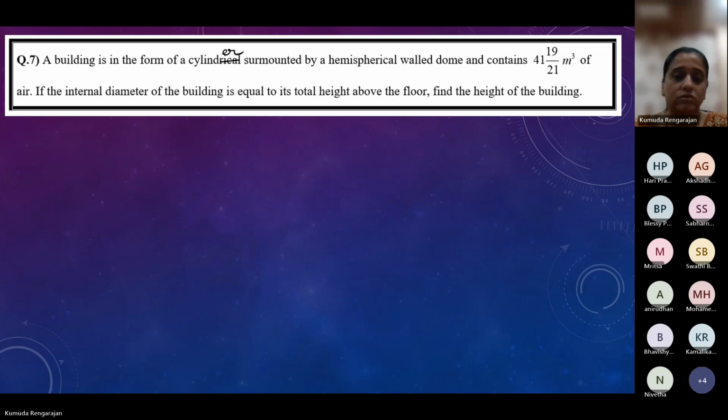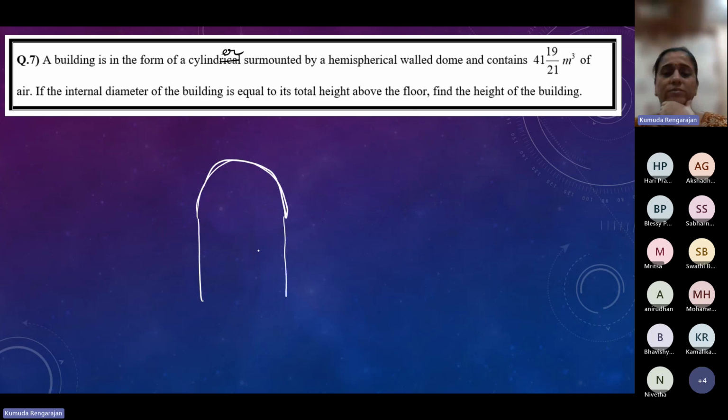Okay, so like this, in the form of a cylinder surmounted by a hemispherical walled dome and contains 4119 by 21 meter cubed of air.